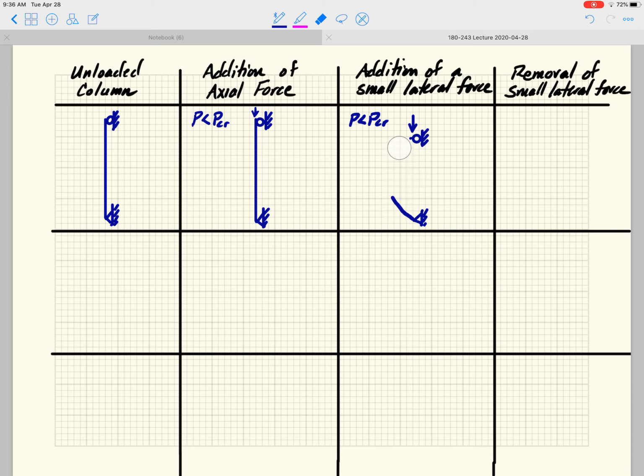In fact, let me do the following. I don't want to give you guys the wrong impression of what is happening here. So I'm going to apply a small force F right here. And that column then bows, right? And then when I remove the F in the last column, the column then comes back to where it was before.